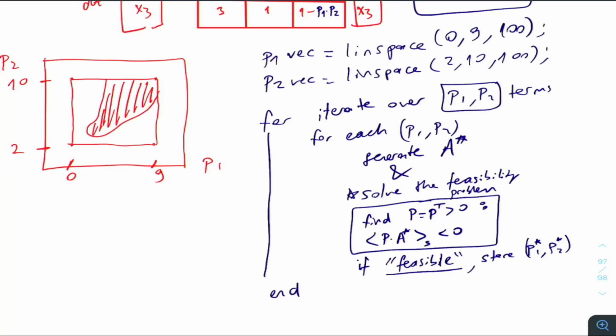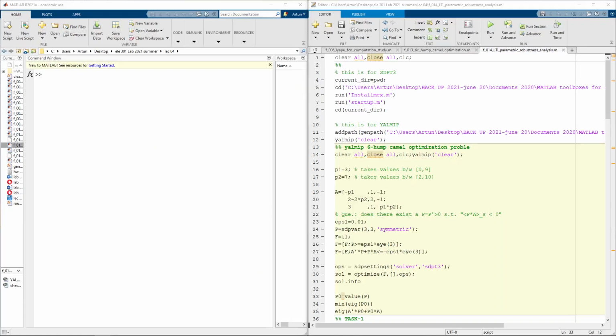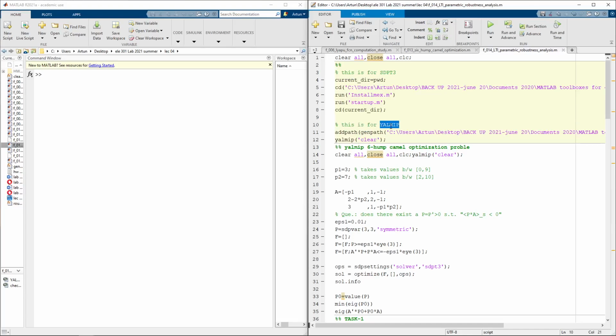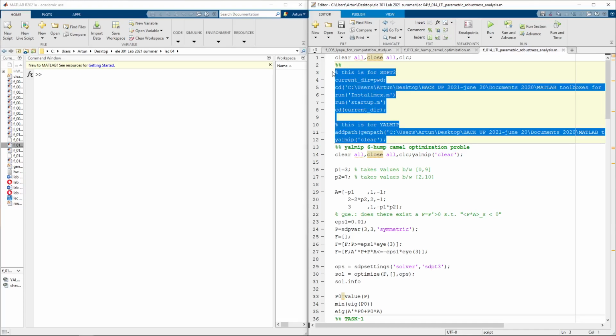And now we are going to MATLAB. Let me open it up. Okay, now we are here, and I'm looking at the code. First of all, this is only for the SDP solver, SDPT3, and for YALMIP. Just ignore that.